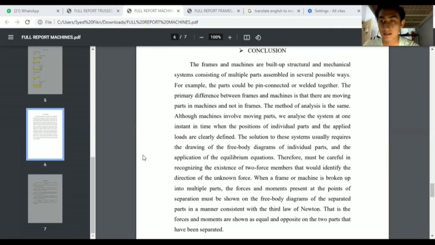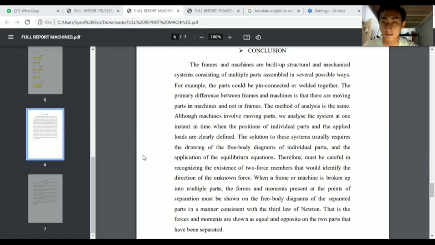The solution to this system usually requires the drawing of the free body diagrams of individual parts and the application of the equilibrium equations. Therefore, we must be careful in recognizing the existence of two-force members that will identify the direction of the unknown force.